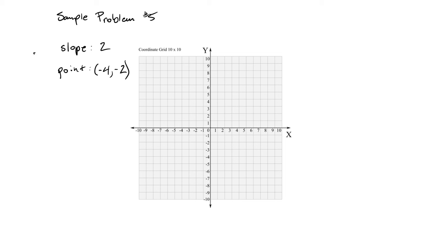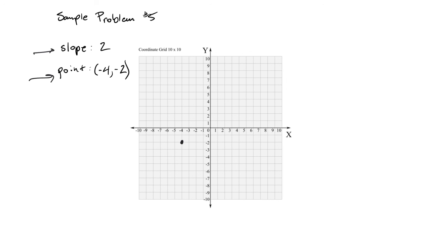This one's a little different. Now I'm given the slope and a point. Well, I can't graph the slope, not yet until I start with a point. I need a starting point. So my point is (-4, -2). I read the x first. That means I go left 4. And then I go down 2. So I'm right here. My slope is 2.